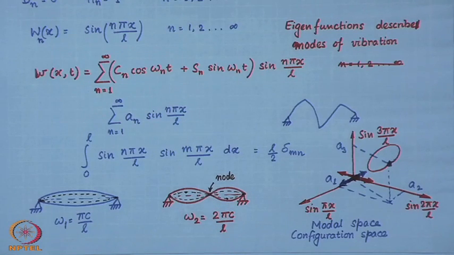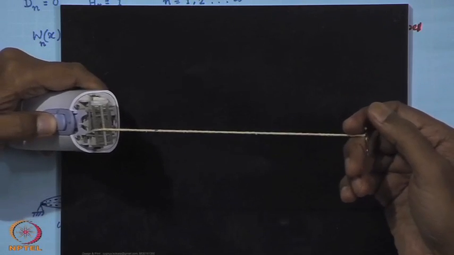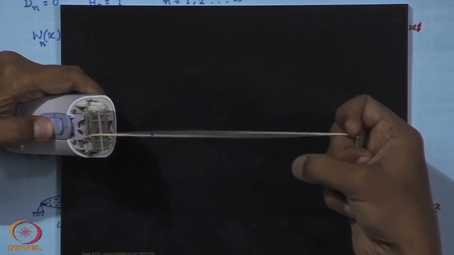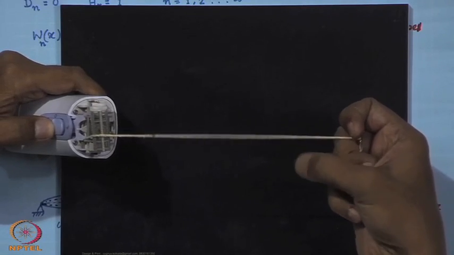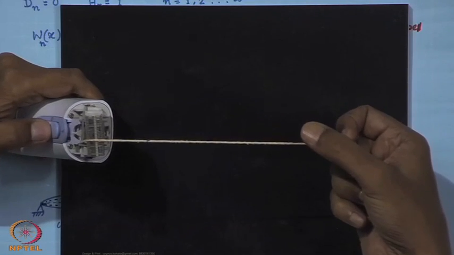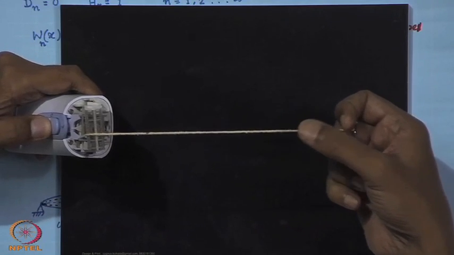So, now I will demonstrate these modes using a small experiment. Here I have a string which I have made taut by pulling, and here there is an exciter, which is nothing but a simple electric shaver.